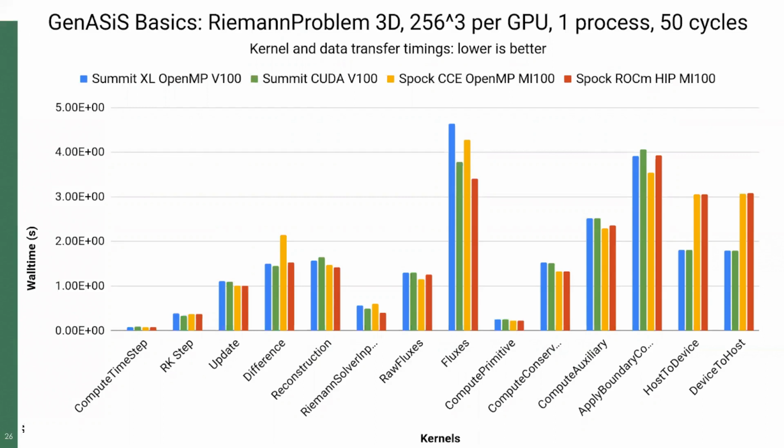So this is a result on Summit with NVIDIA V100 and on Spark, which is our development machine with AMD MI100. On Summit, this was done with the IBM XL compiler and NVCC compiler for CUDA. And on Spark, this was done with the Cray compiling environment, so Cray compiler and a ROCm compiler on HIP.